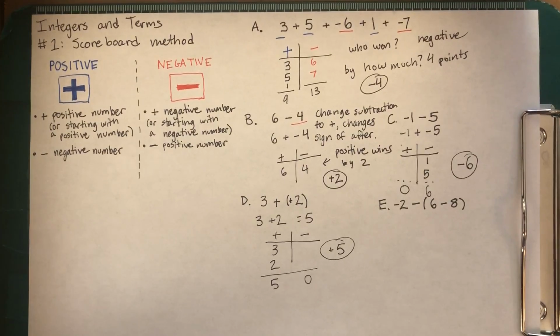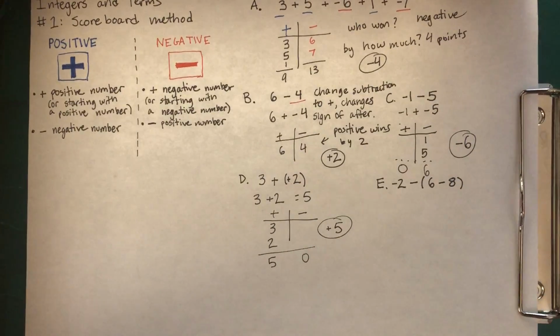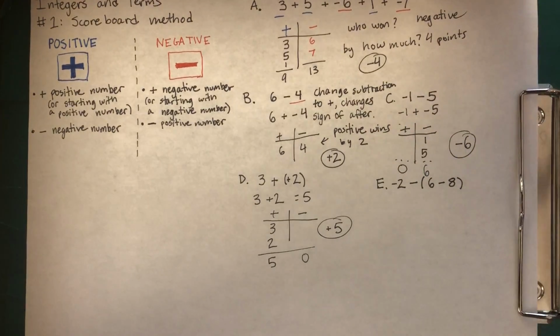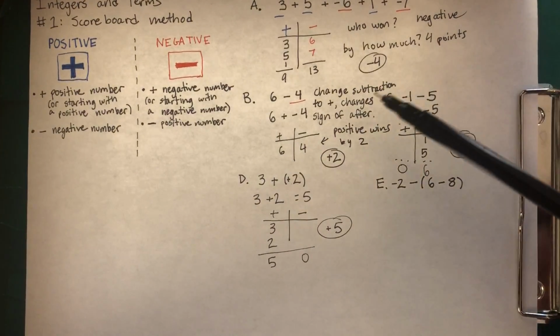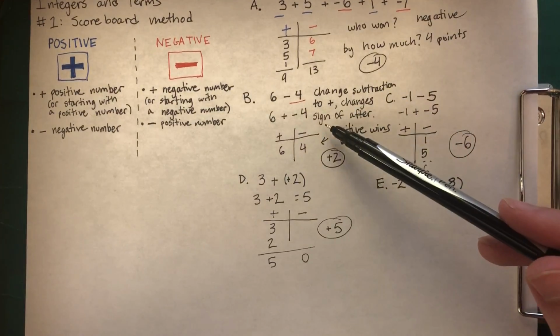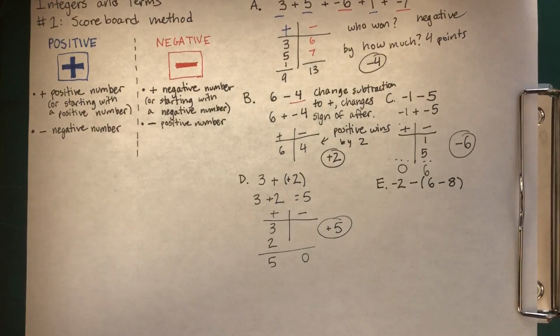Okay? Now we have a slightly more complicated example, and this is something that I see people making mistakes on a fair amount, and that is just sort of forgetting about the parentheses. But if we want to handle subtraction, a good way to do it is to change it to addition and then change the sign of what comes after it.